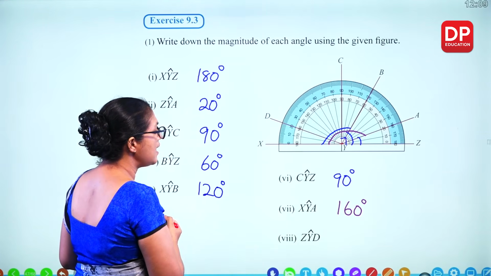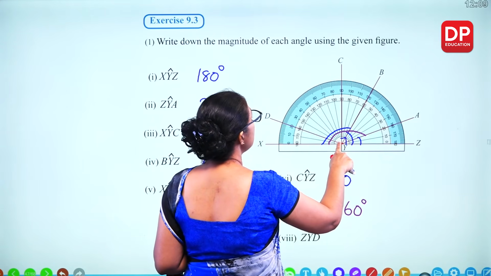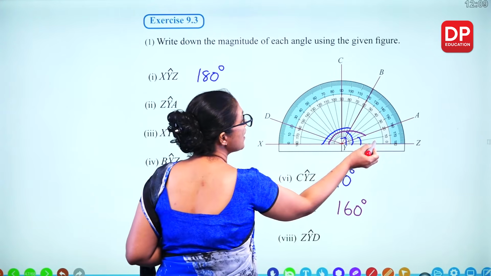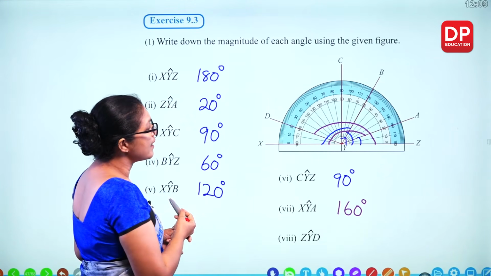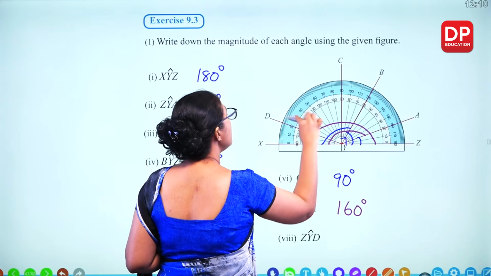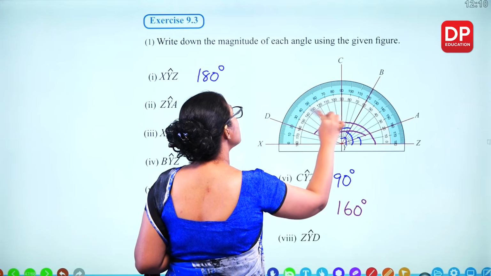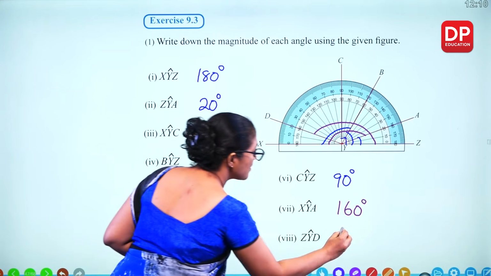And ZYD. ZYD, D is this way. This way you have to measure. That's an obtuse angle, so from here you have to refer to the inner bound, the inner circle. That's 160 degrees.